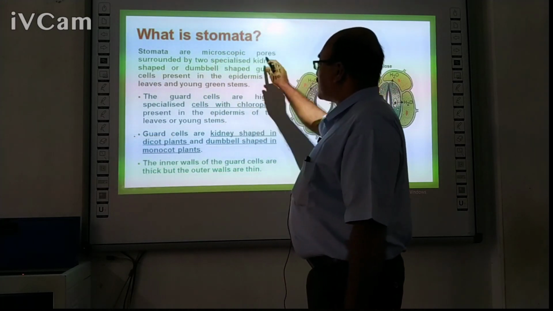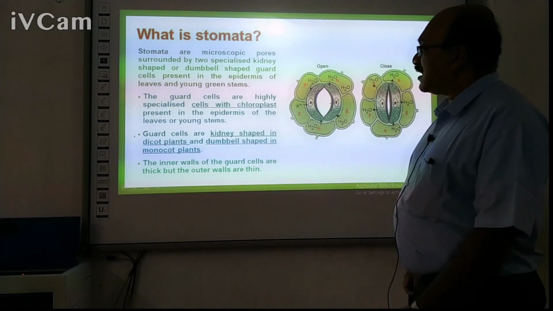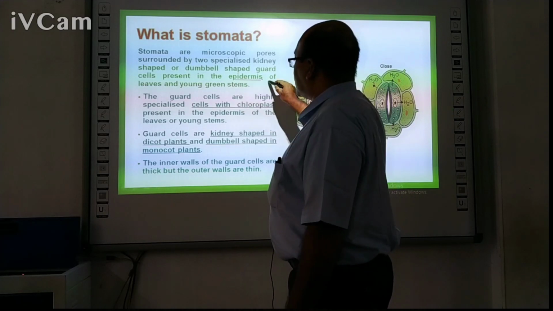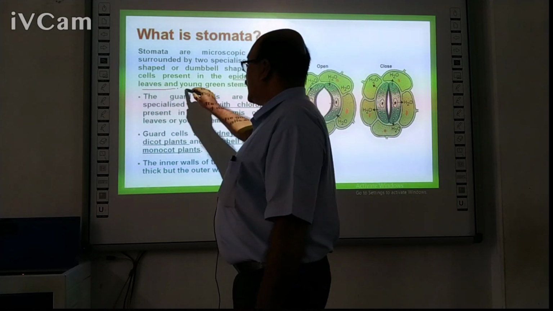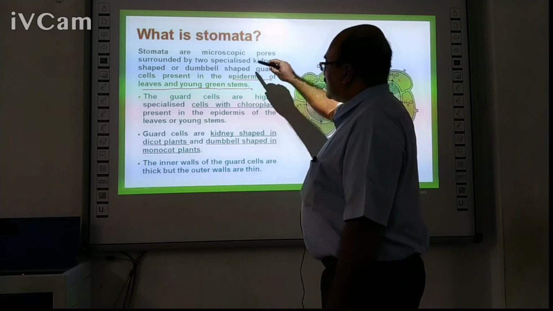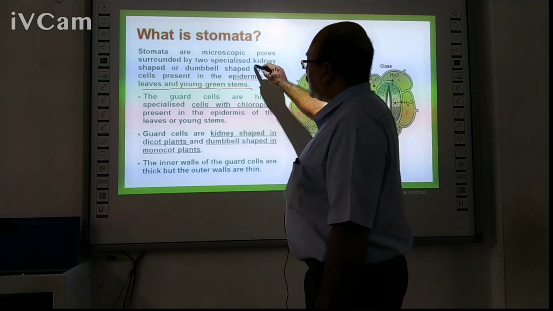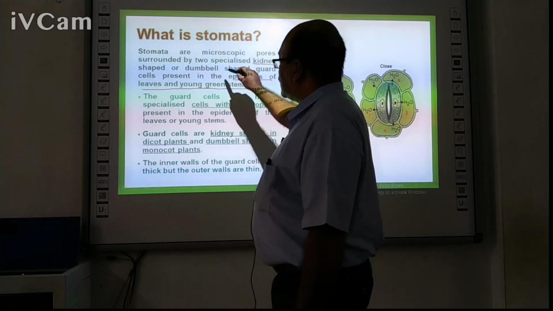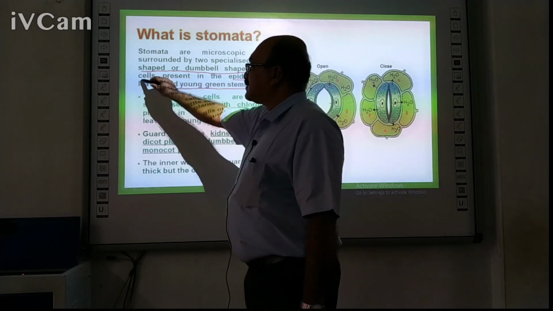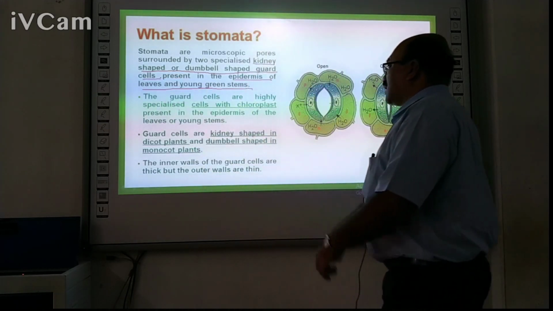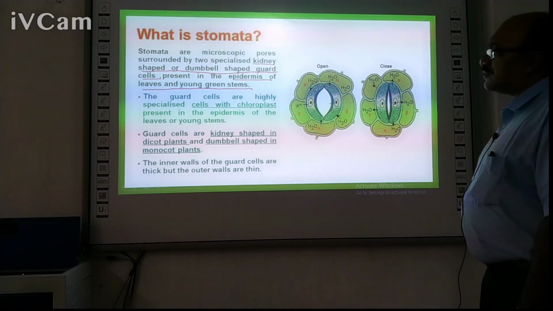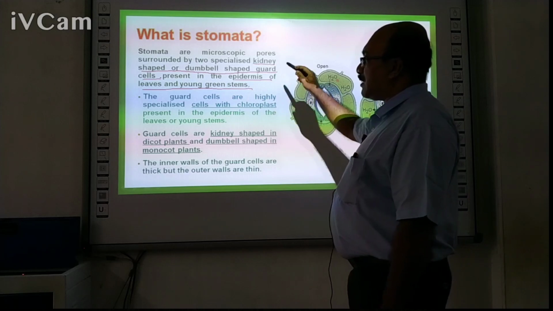These are microscopic pores which are present in the epidermis of the leaves and the young green stems. Generally, these microscopic pores are surrounded by kidney-shaped or dumbbell-shaped guard cells. The guard cells are surrounding the microscopic pores, which are known as the stomata.